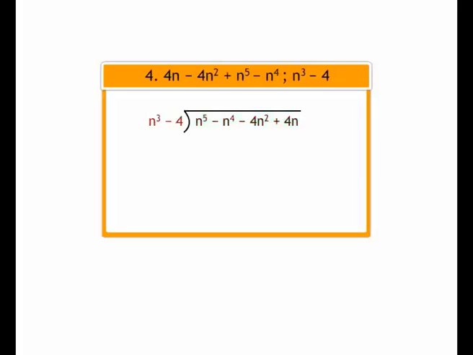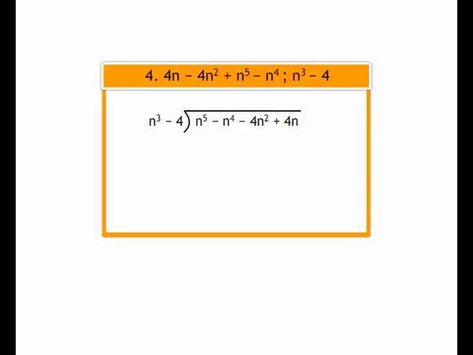As the divisor is a binomial, we will separate the divisor into two parts, that is n cube and the other as minus 4, to carry out our division. So now we will divide the first term of the dividend, that is n raised to 5, by the first part of our divisor, that is n cube.